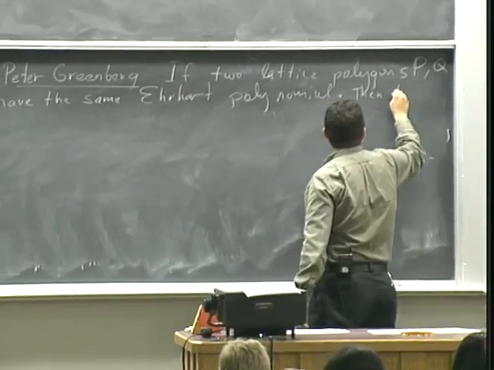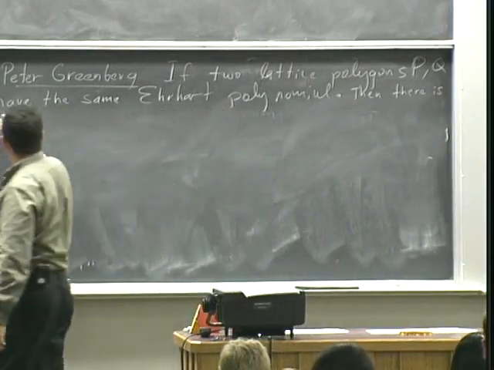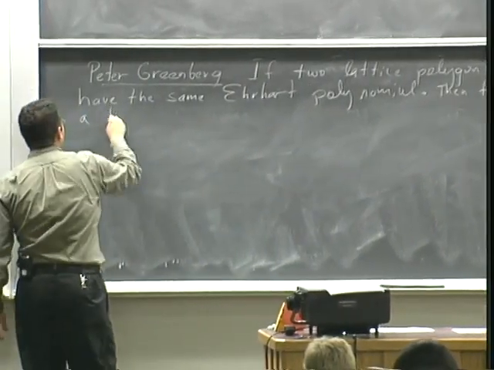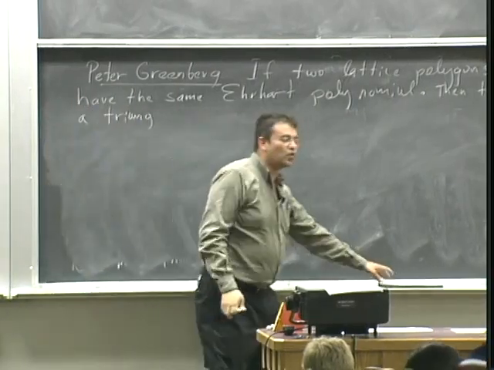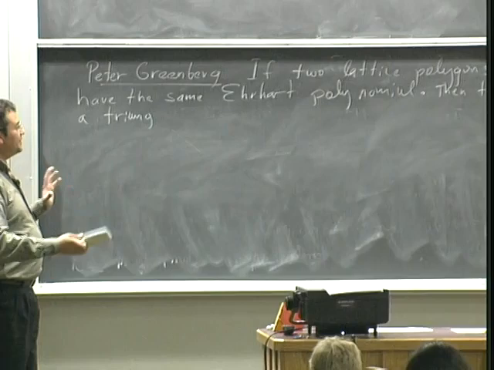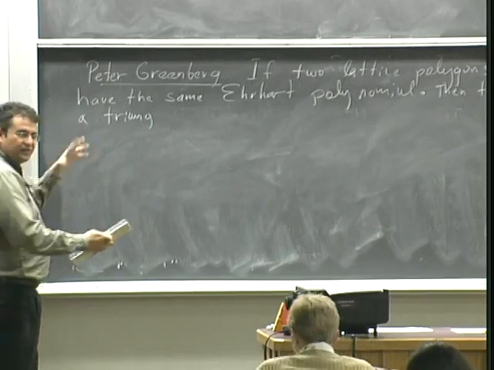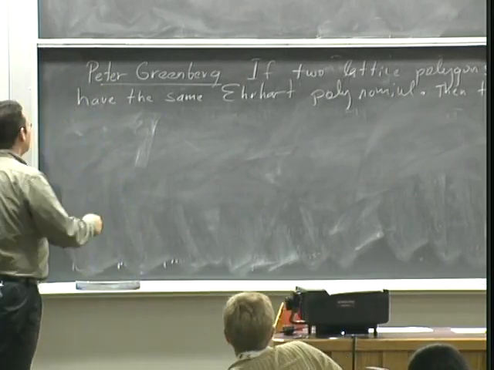Then there are two triangulations, one of P, one of Q, and there is a unimodular map between them. Let me write it more formally; I don't have to be so sloppy.